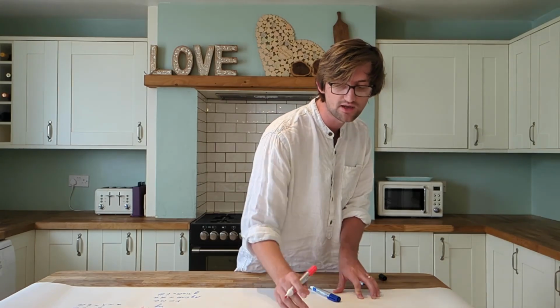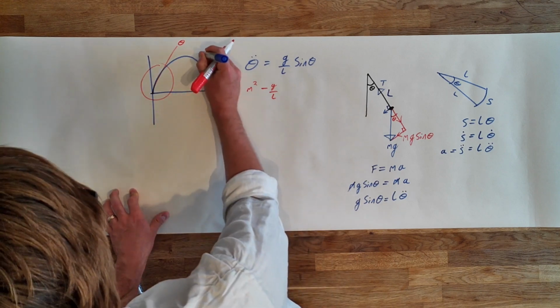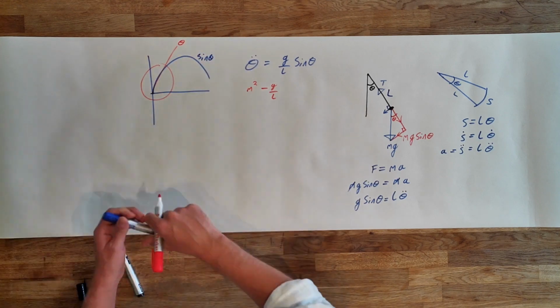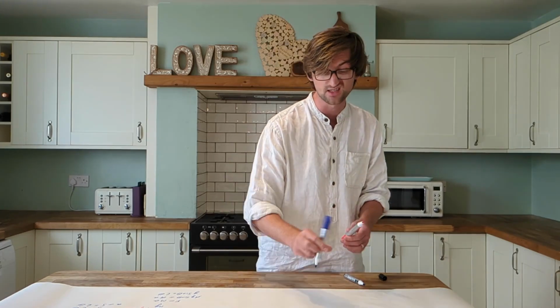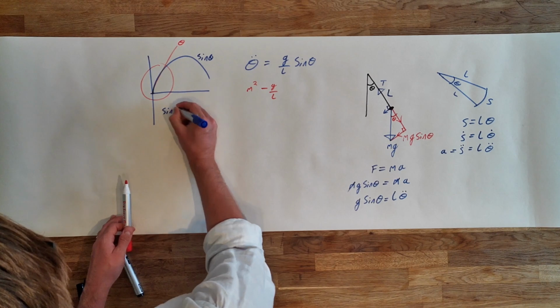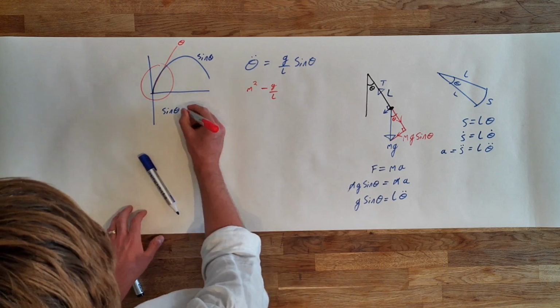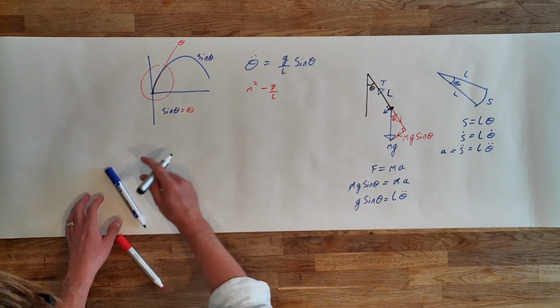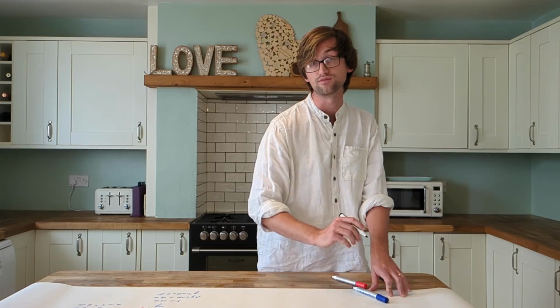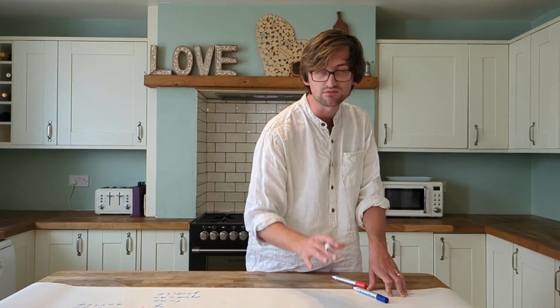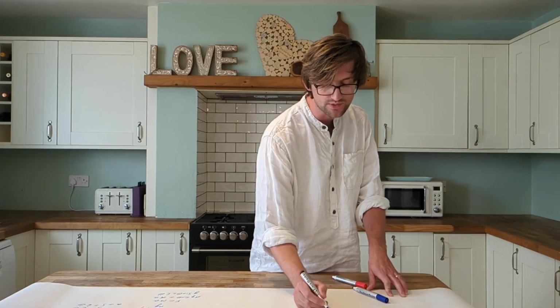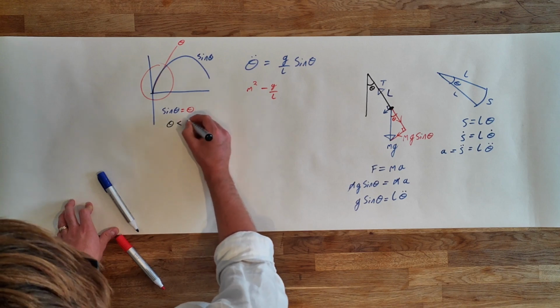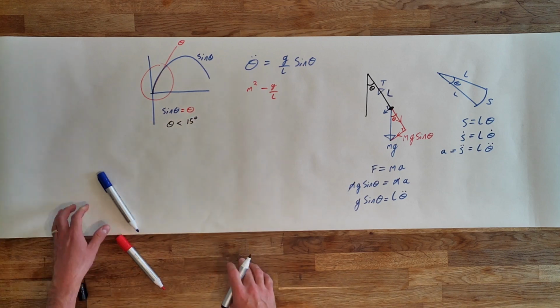So if this is my line theta, and this is my equation sine theta, we have a lovely trick where we can just say that sine theta is equal to theta. So sine theta equals theta, and that's only really going to be true in some places. The point of convergence of this asymptotic is around about 15 degrees. So we say theta has to be less than 15 degrees.